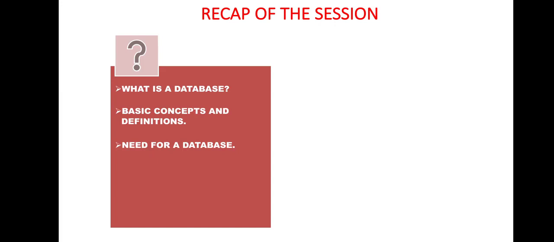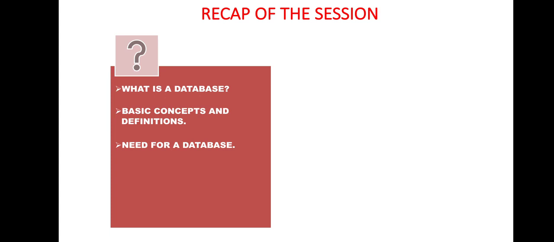before writing your name, class, section, subject name and school name, it is raw data which is unprocessed, and once the processing happens, it becomes complete information. These are some of the concepts that I have taught you in this session. Basic concepts and definitions.